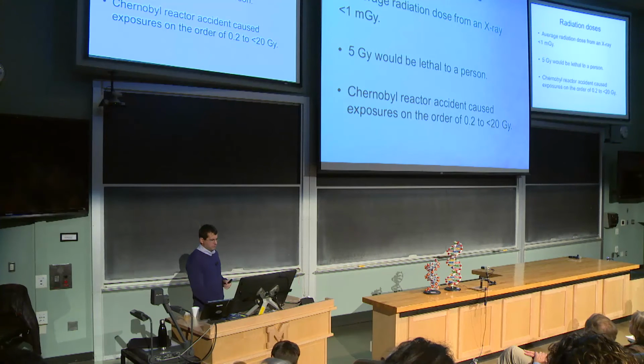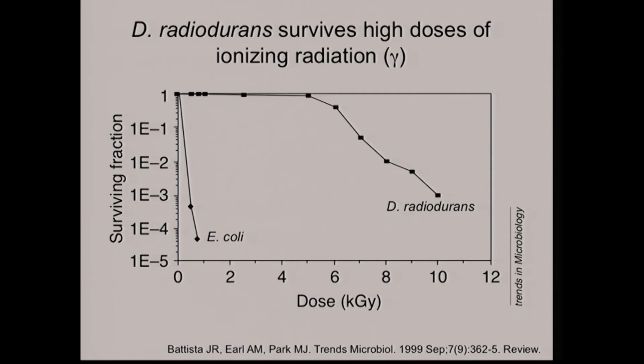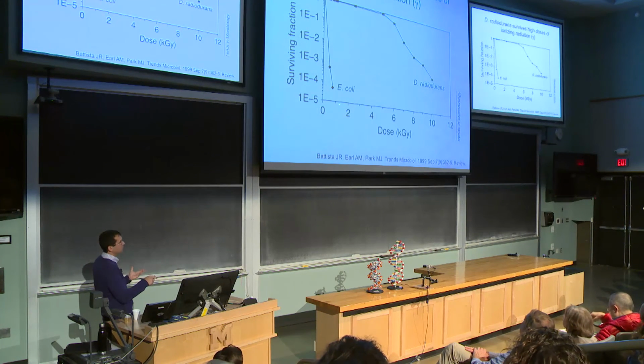All right. So now let's take a look at Deinococcus radiodurans. These are kilograys, so this is 2,000 grays, this is 4,000, 6,000, 8,000. And this is surviving fraction. A culture of E. coli is essentially sterilized once you get to about 1,000 grays. It's certainly sterilized at 2,000.